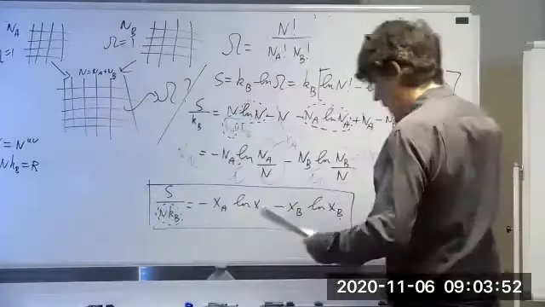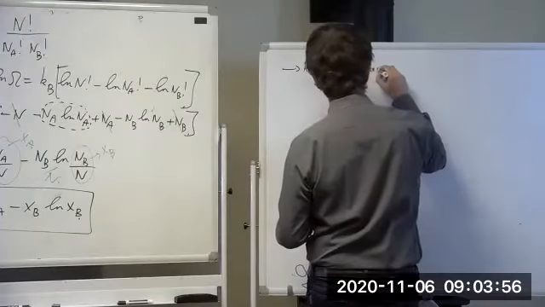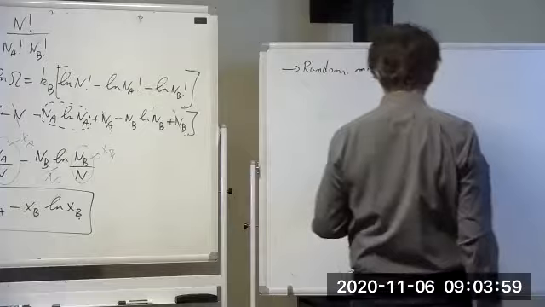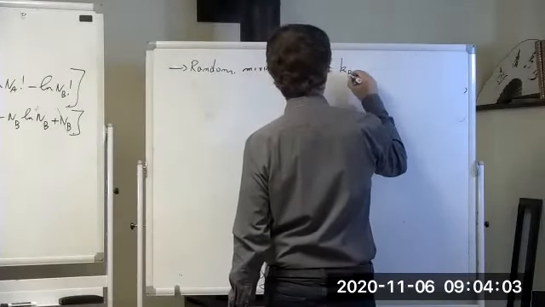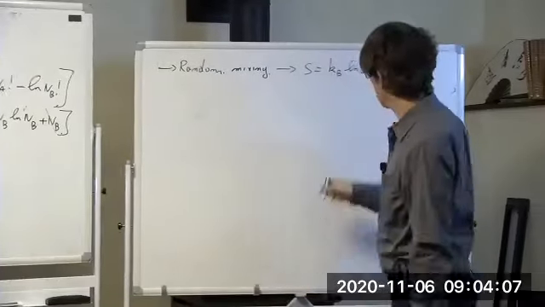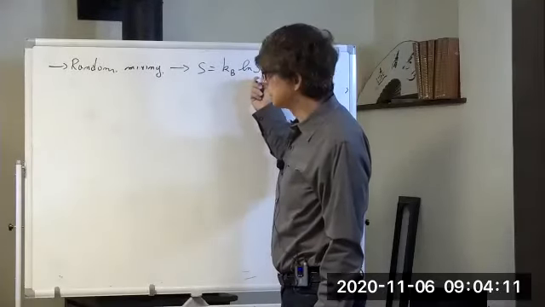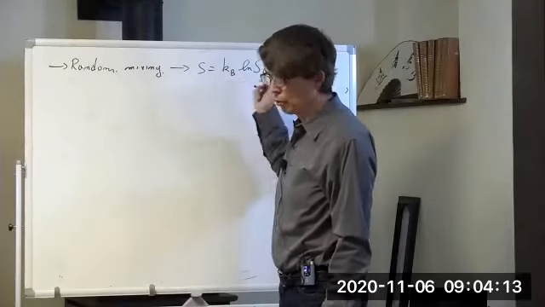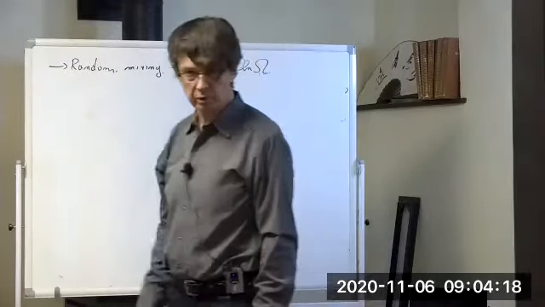We assumed they all had the same probability, because that's why we wrote S is Kb log omega. We literally calculated just how many states there are. We gave them all the same probability, which only happens if they all have the same energy. And then we get the ideal solution of mixing.